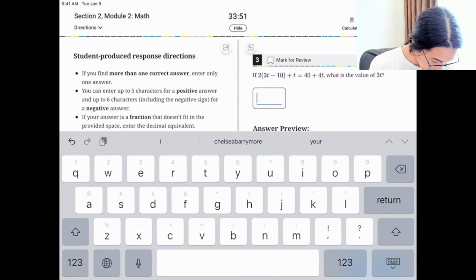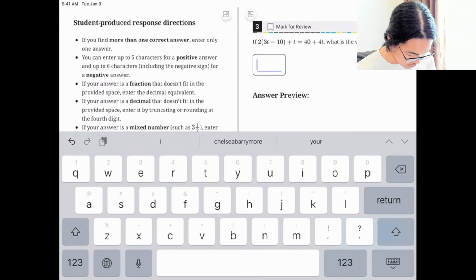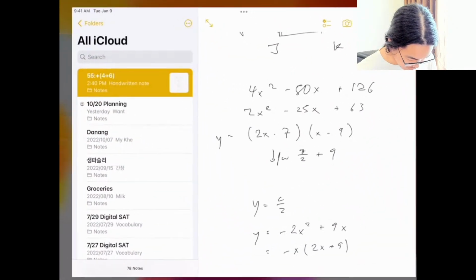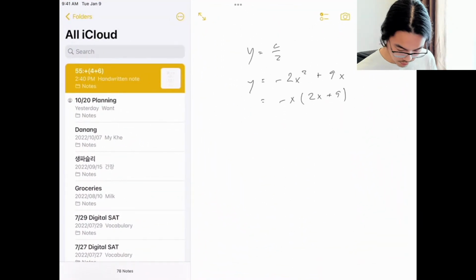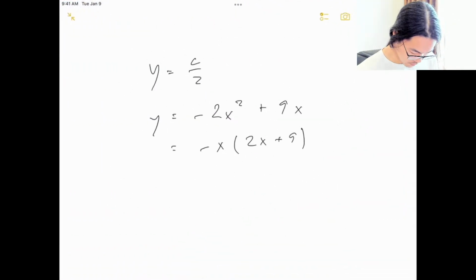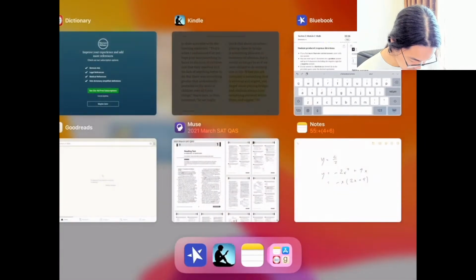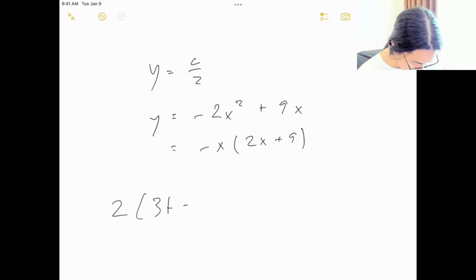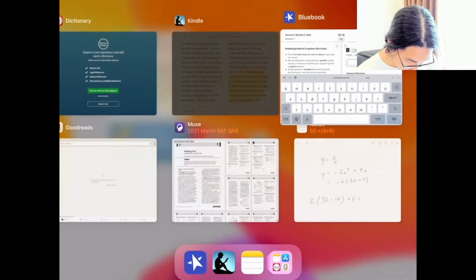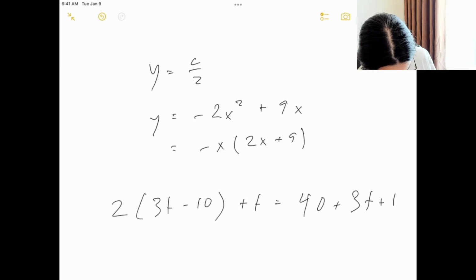What's the value of 3t? I'm trying to get the value of 3t. All right, I need to actually do this because it's kind of annoying, so let me figure it out. Here we go. 2(3t minus 10) plus t is equal to 40 plus 4t plus 3t plus t.